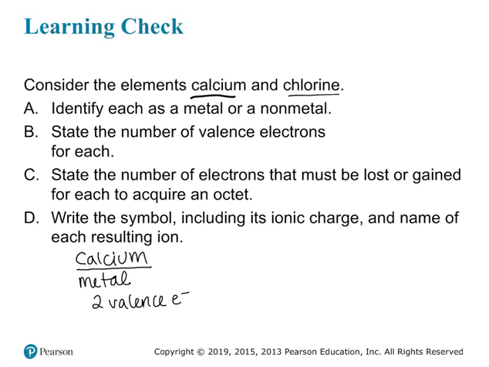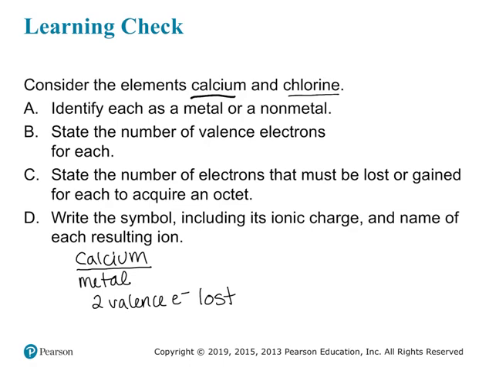Okay, so how many electrons does calcium need to lose or gain to acquire an octet? So I guess the first question here is really, will calcium lose electrons or gain electrons? So because calcium is a metal, it's going to lose electrons. And how many electrons will it lose? 2. So I'll just add lost here, 2 valence electrons lost.